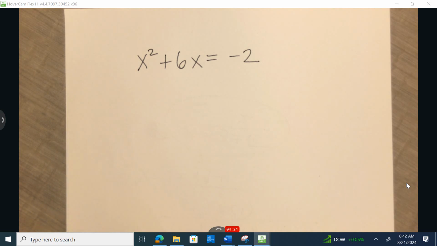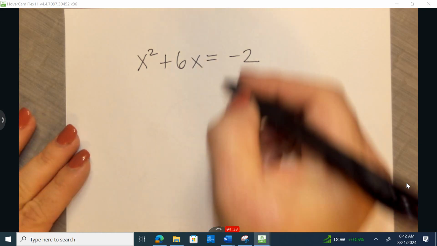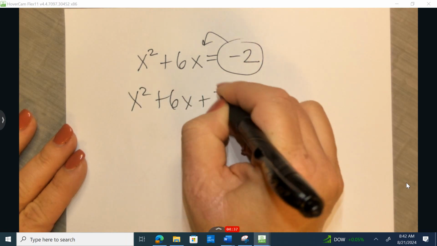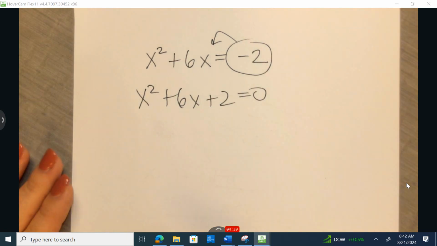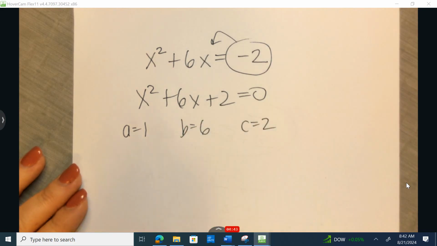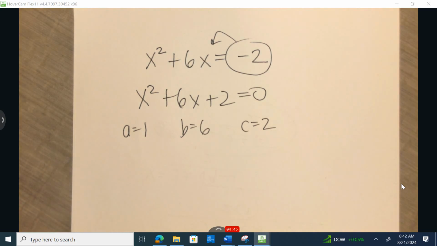Now, before I can identify the A, B, and C, what do I need to do for this problem? Move the 2 over by adding it. X squared plus 6x plus 2 equals 0. So my A is 1, my B is 6, and my C is 2. All right, you have 2 minutes. Go ahead, please.